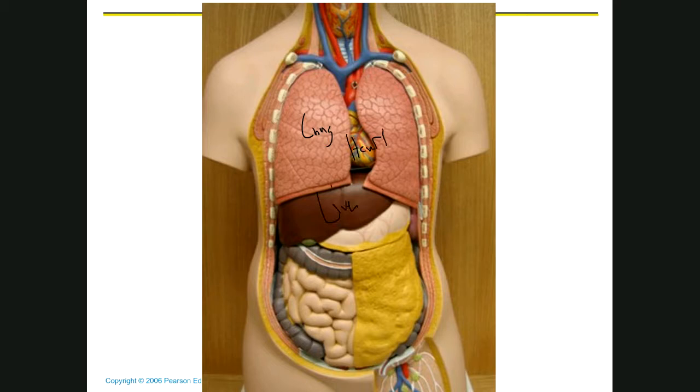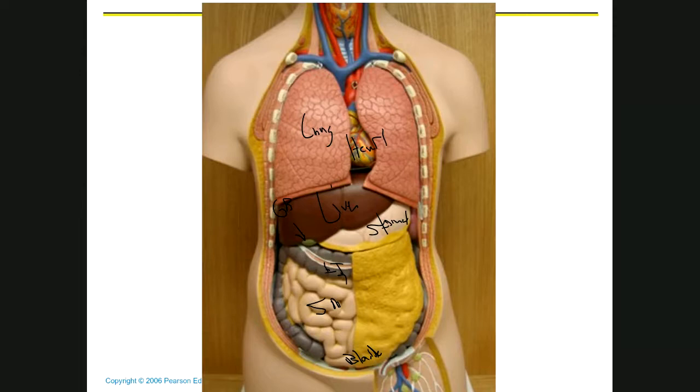Here's the stomach. There's the gallbladder. And then we have the small intestine and the large intestine. You probably can't see it very well, but right here is where the bladder would be and all of that. We cannot get into there without opening the body wall.